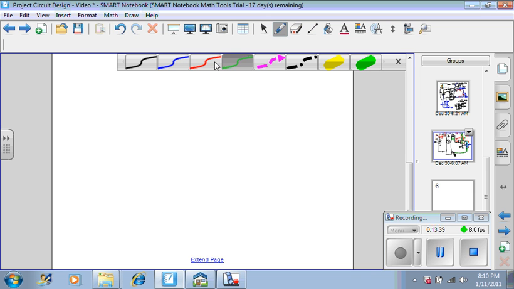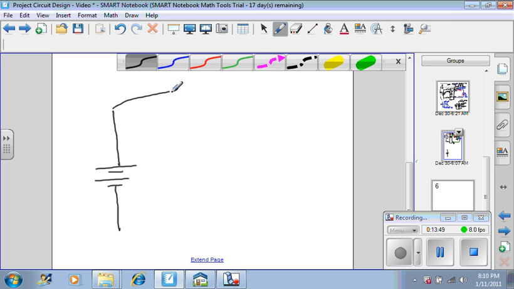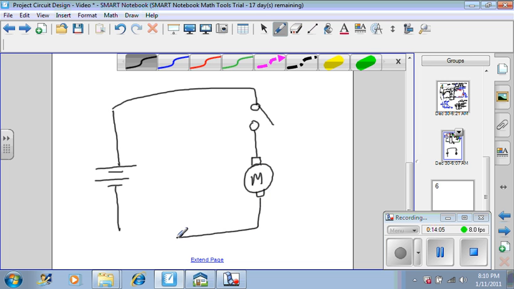What you have essentially is a power supply, a switch, your motor, and ground.